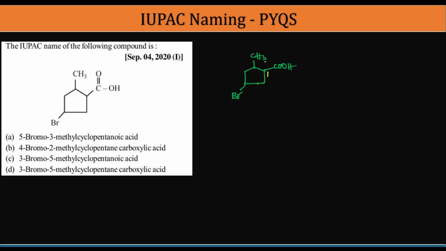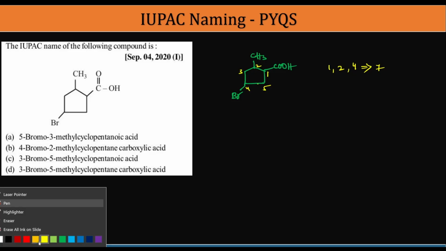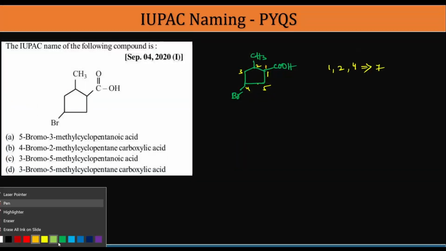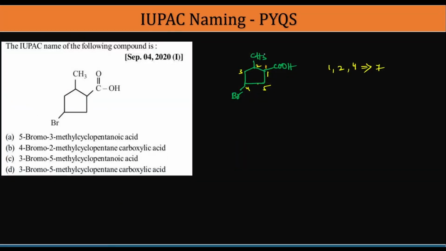But the numbering, how we will give? Let's say for example 2 I am giving over here. So what is the sum? 1, 2 and 4, 6, 7, right? And if you give numbering like this, let me just change the color. If you give this as 1, this is 1, 2, 3, 4, 5.